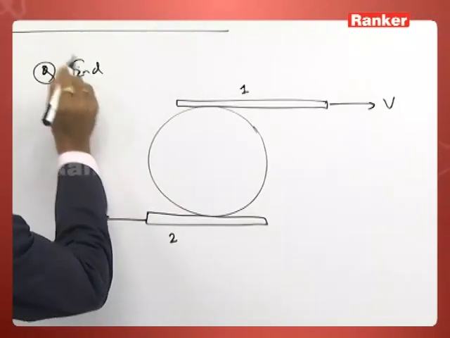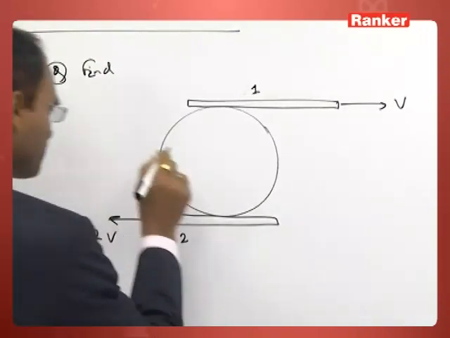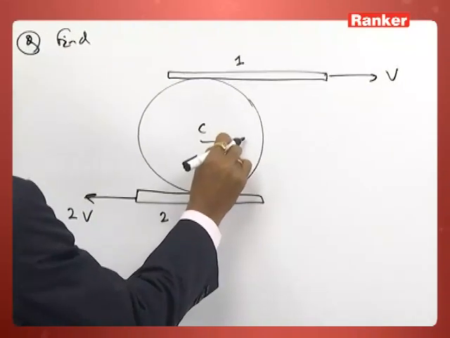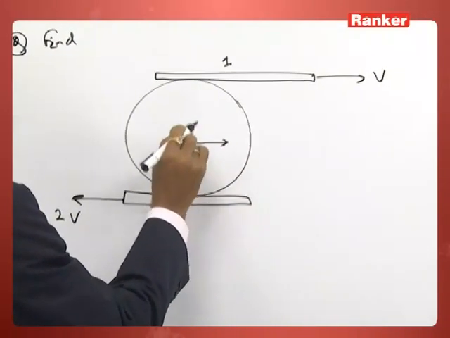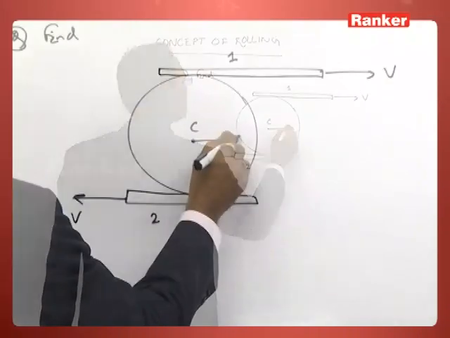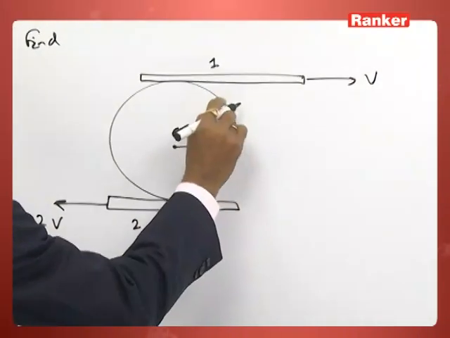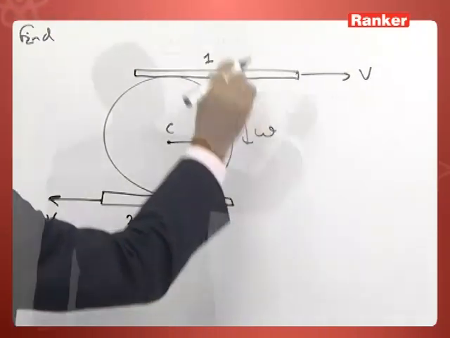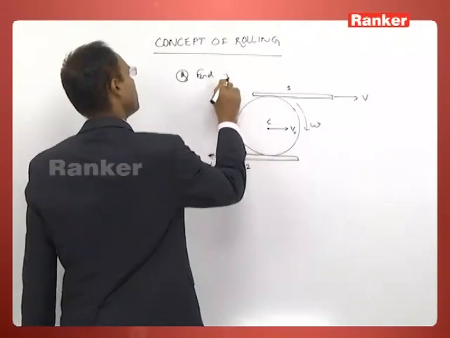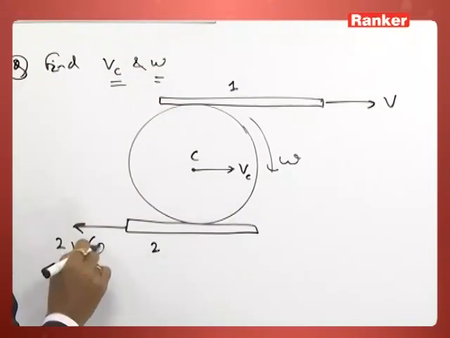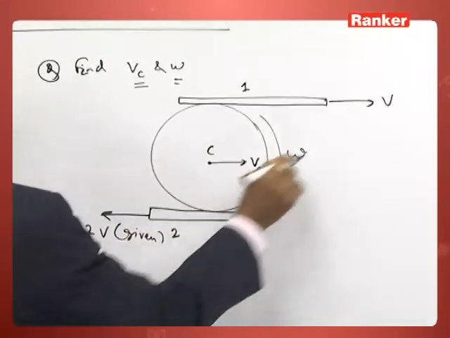Find the velocity of the central point of the cylinder, Vc, and the angular velocity of the cylinder. This is given, this is given.